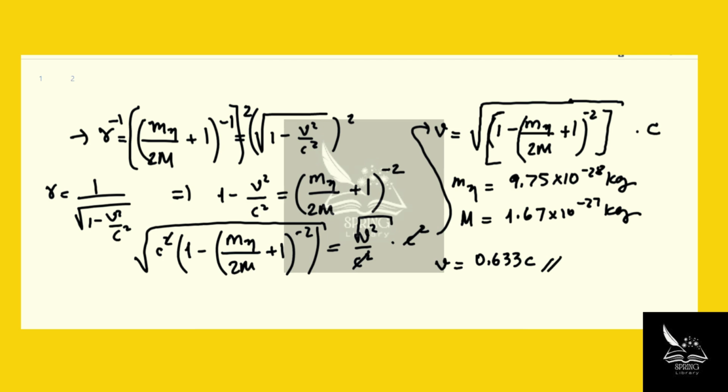Now, in part B, we are asked to calculate the kinetic energy of each proton. Now that we know the speeds are 0.633 times c, it shouldn't be that hard, right? The kinetic energy of the first proton equals the kinetic energy of the second proton, and we call it Ke.